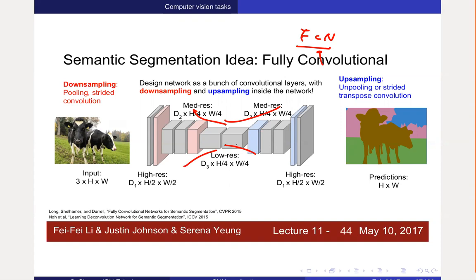Actually, there would be three reasons. One is that the fully connected layer has lots of parameters. Secondly, it will be computationally heavy because you have lots of parameters. And also when you have a fully connected layer, you're stuck with the dimension.